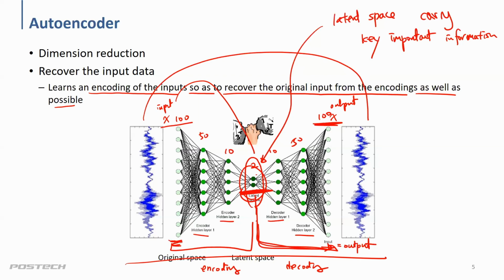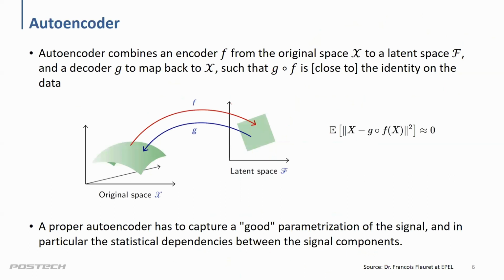So that's the key structure of an autoencoder. We start from recovering the input data set in an unsupervised manner, but we learn that this is acting as dimension reduction.